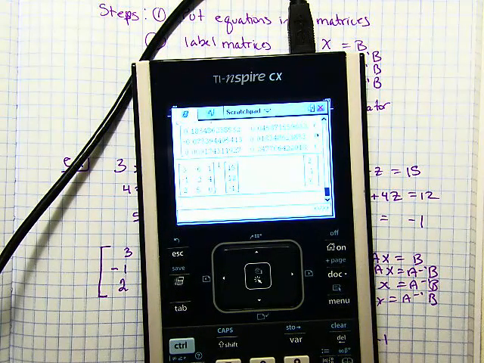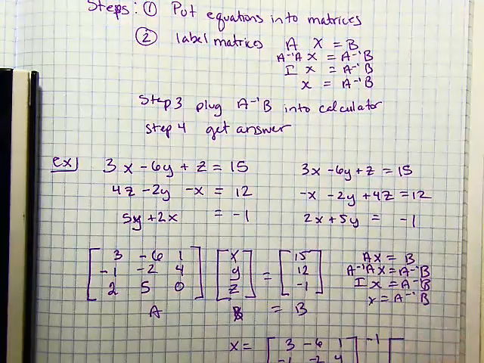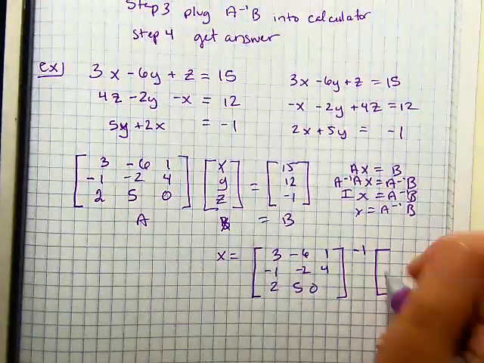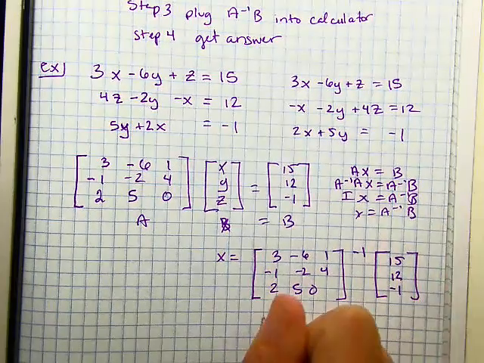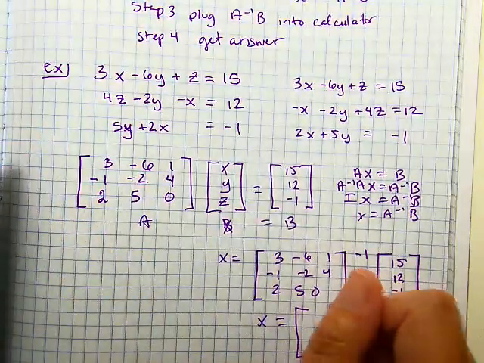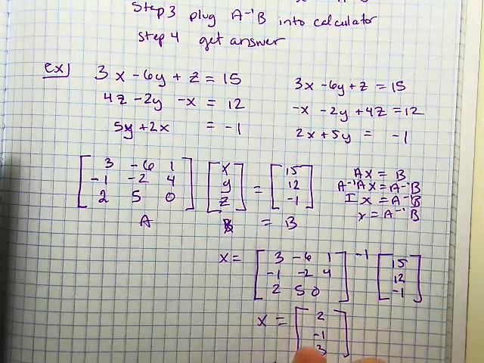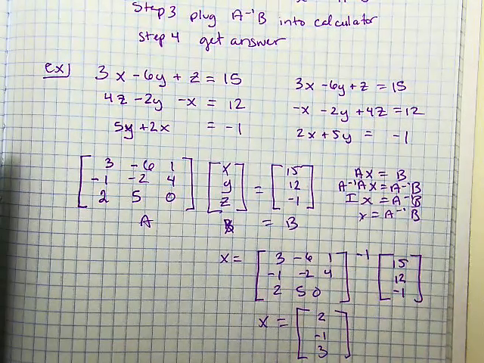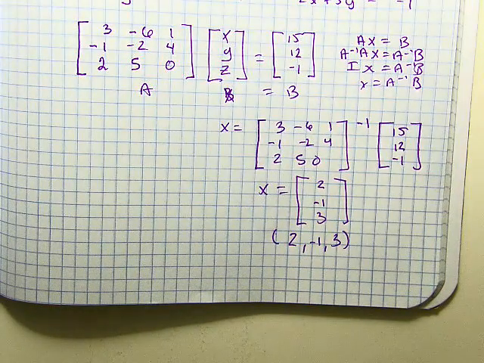It gives me an answer of 2, -1, 3. So x equals A inverse times 15, 12, -1. And that said x equals, in my calculator, 2, -1, 3, which we then will write as 2, -1, 0, 3. And so literally it's getting it into your calculator.